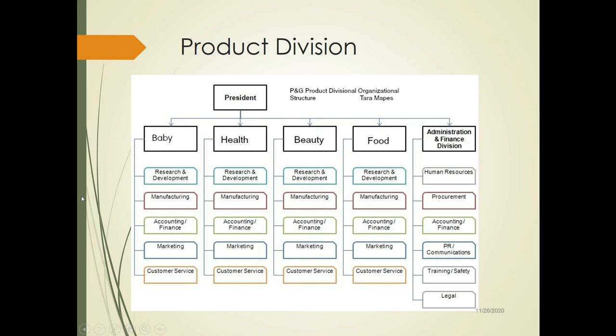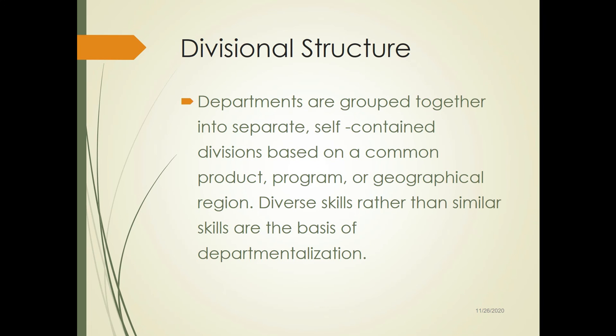In this division, for example, you can see they have their own research and development, manufacturing, accounting, marketing, and customer service. Similarly with the other products. So this is an example of divisional structure. Okay, moving on.